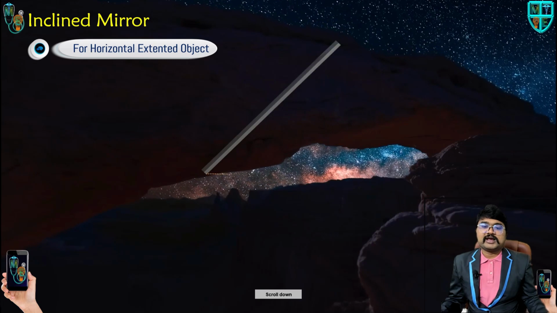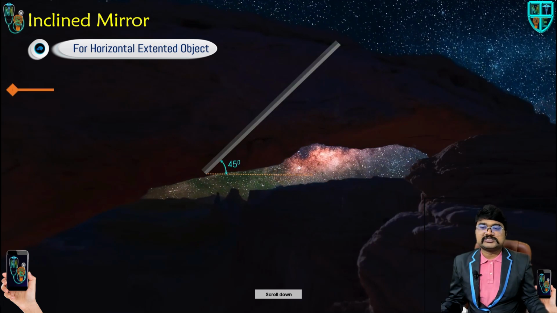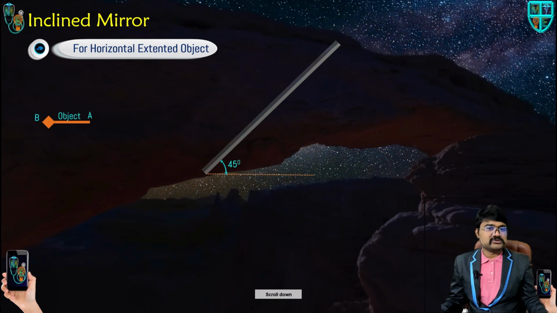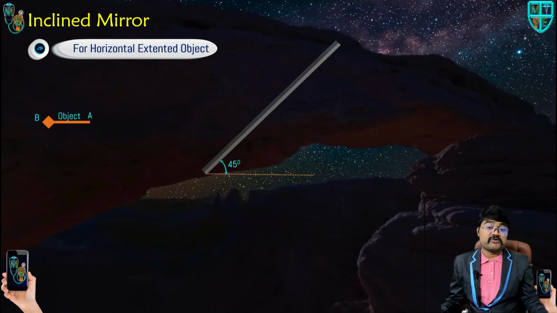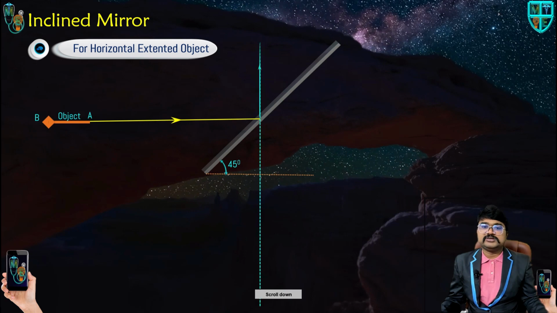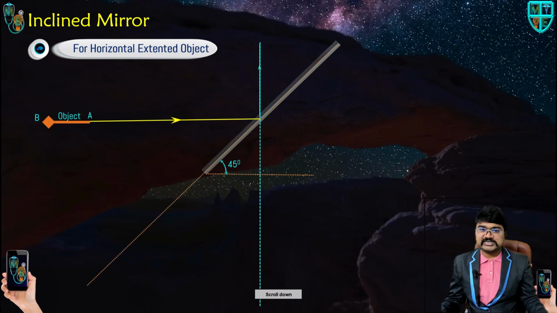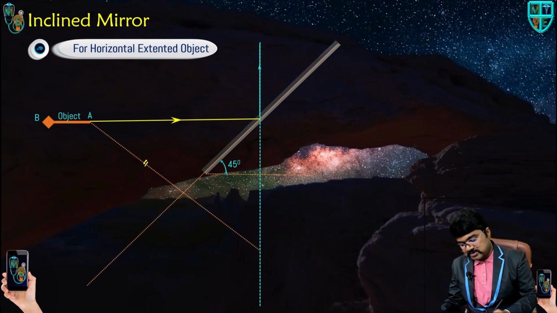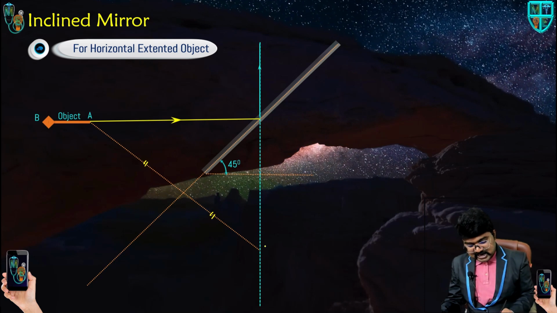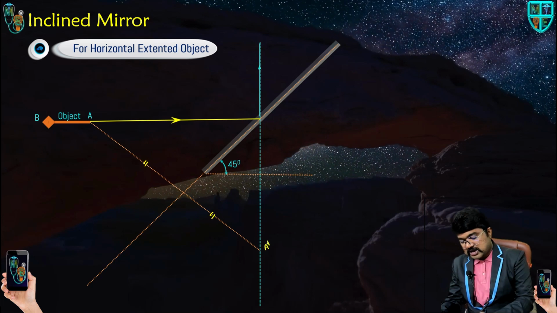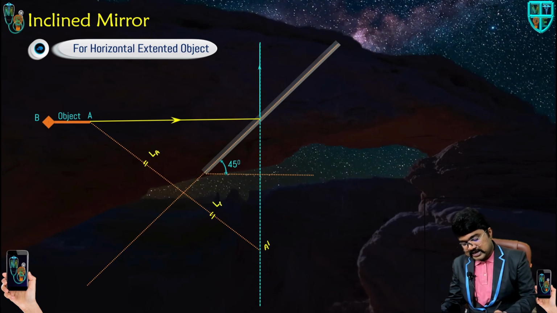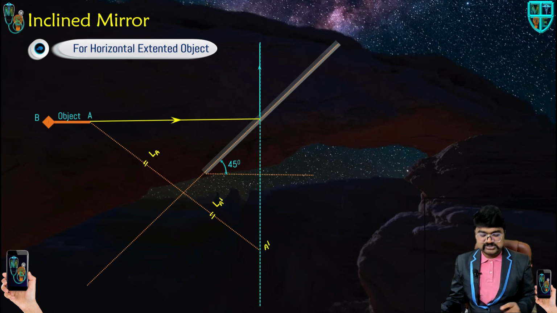Now just observe, inclined object at 45 degrees. If it is towards like this, in that case, what kind of image will be formed? It is also the same. Extend, draw normals. Here, these two will be equal. I can say that this would be A dash and LA equals LA dash.